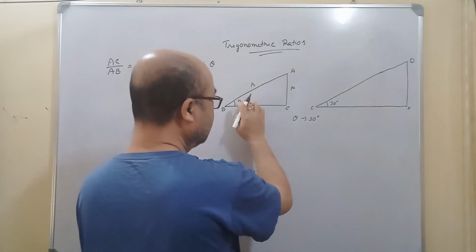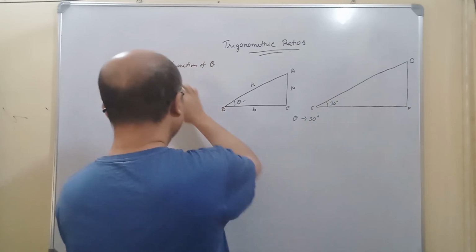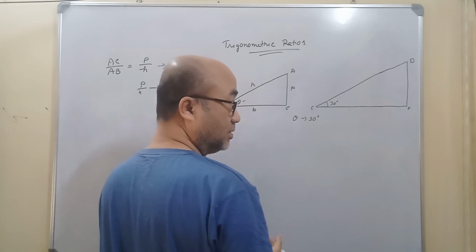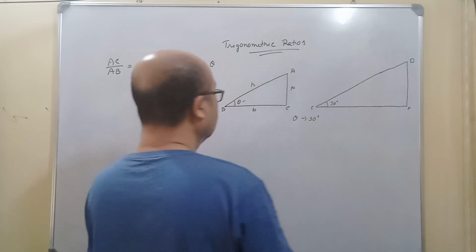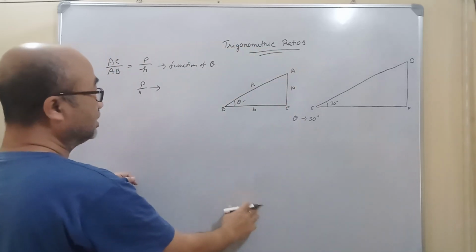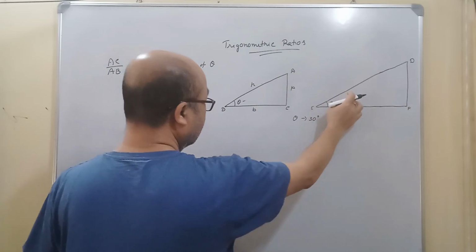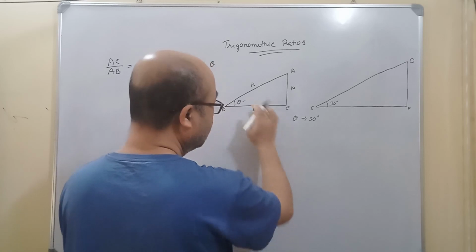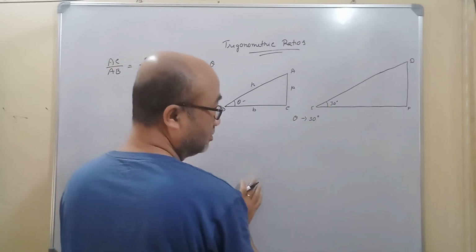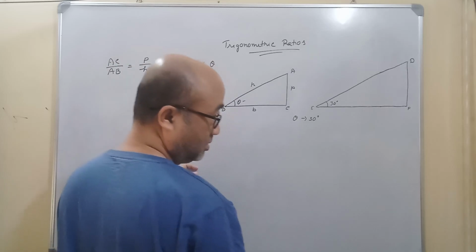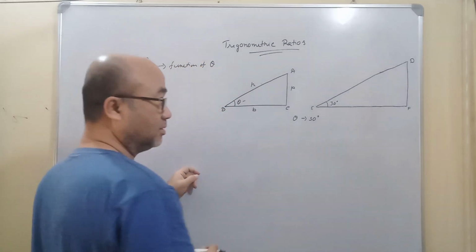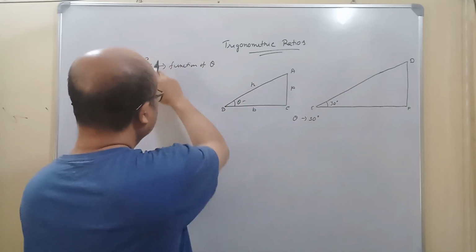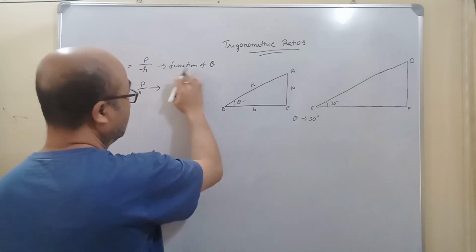So if both this angle and this angle are equal, then P by H will have the same value. Okay? So if this triangle is bigger, but theta is equal, then P by H will have the same value. P by H will be constant. Whether it becomes bigger or smaller does not matter. If theta is constant, then P by H is also constant. Hence, it is a function of theta.